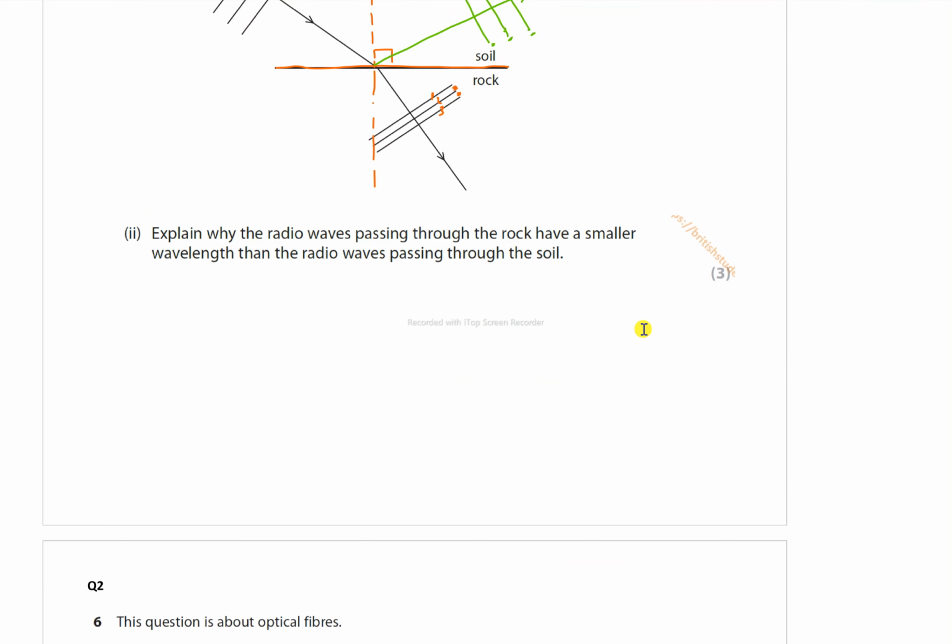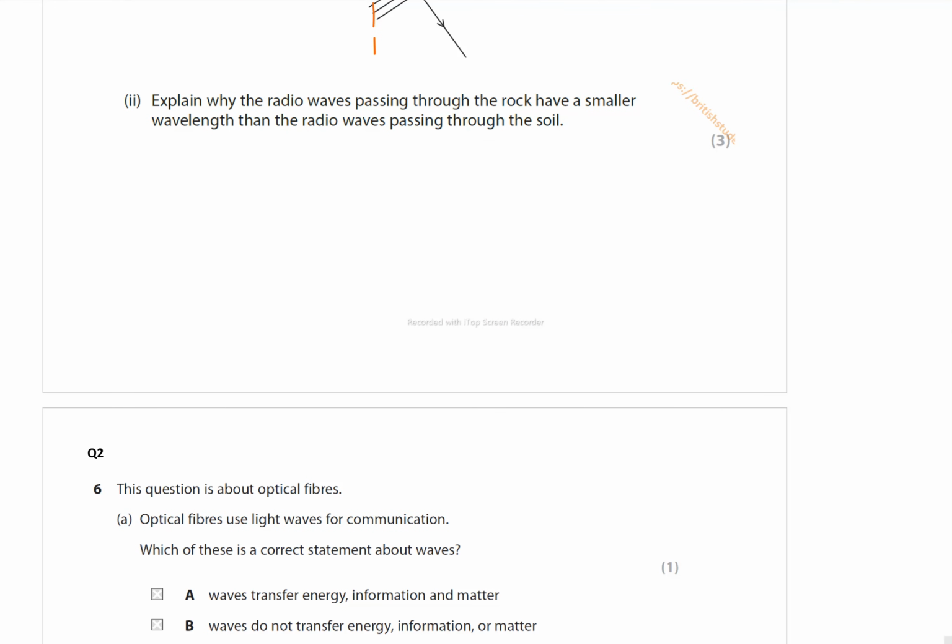Right, okay. Explain why, it's a 3 marker now, the radio waves passing through the rock have a smaller wavelength than the radio waves passing through the soil. How can we say that? First of all, we notice that the wavefronts are closer together.